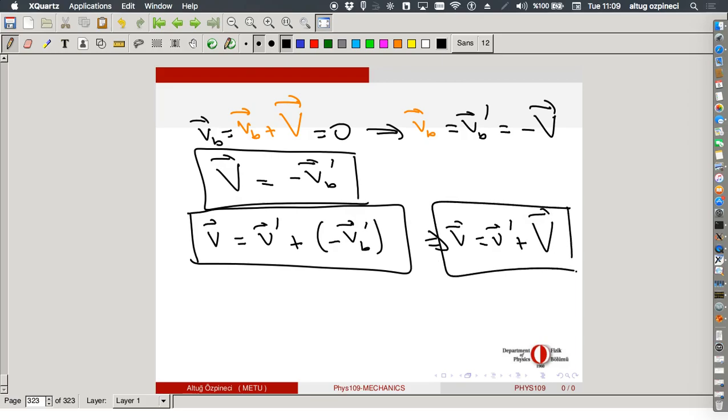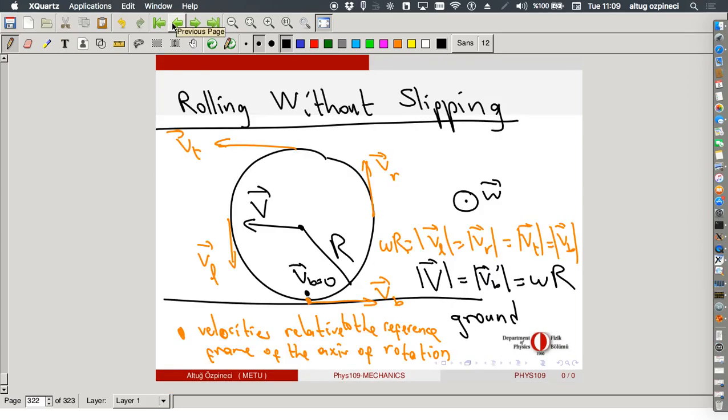We will just add capital V, that is the velocity of the axis, to the velocities in the rest frame of the axis to obtain the velocities in your reference frame.